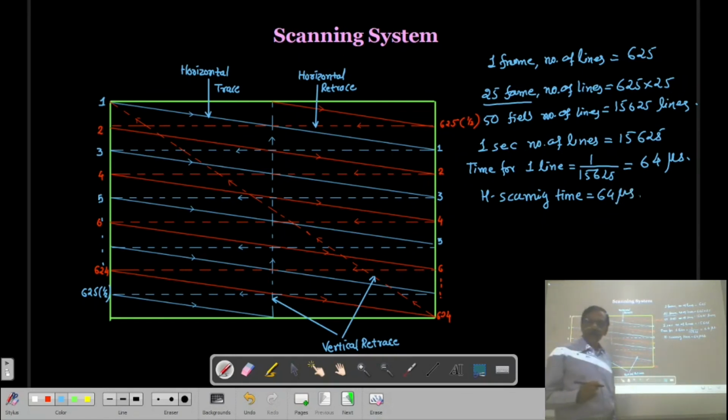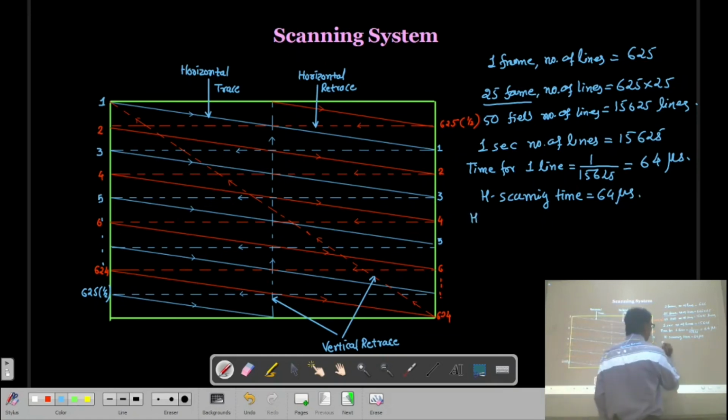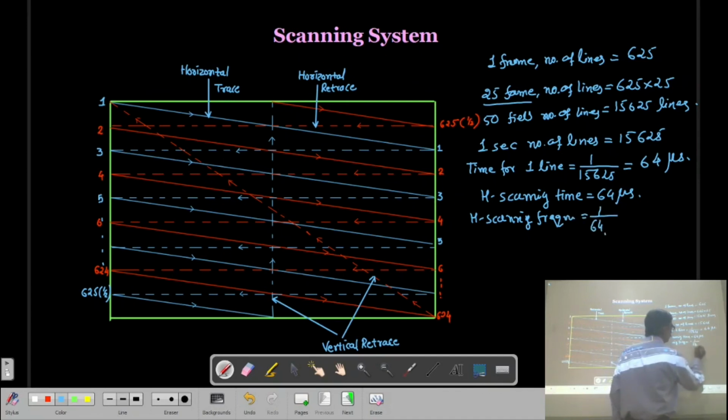And if you have the time, now you can calculate the frequency. So, the horizontal scanning frequency is 1 upon 64 microseconds, and that is 15,625 hertz.